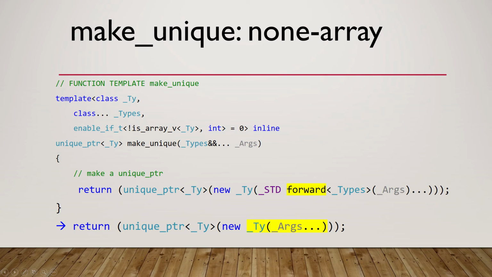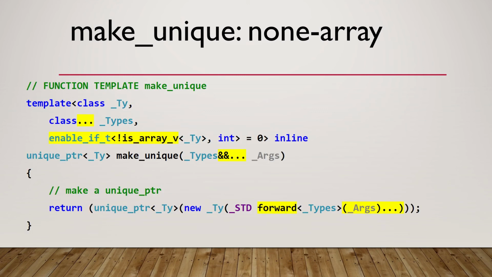Forward is defined in the type_traits standard header file, used to forward an lvalue as an rvalue, or as either an lvalue or an rvalue. In our case, for the make_unique definition, you can read it as new of Ty for args. That's all for make_unique definition with non-array arguments.